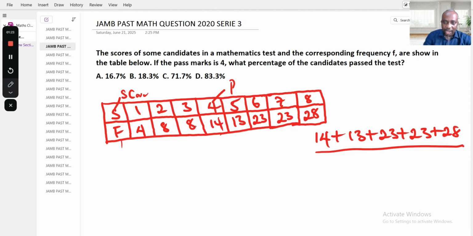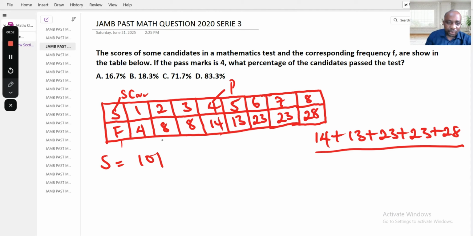Now let me add this together. 14 plus 13 plus 23 plus 23 plus 28 is going to give me 101. The total number of people who passed is 101. Now for the total frequency, I have 101 from the 14, and let me add the remaining ones, plus 4 plus 8 plus 8.